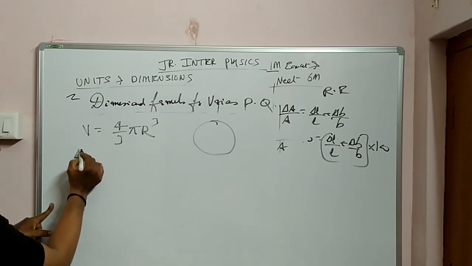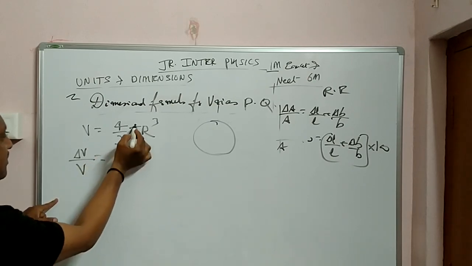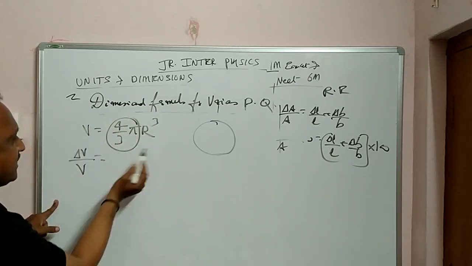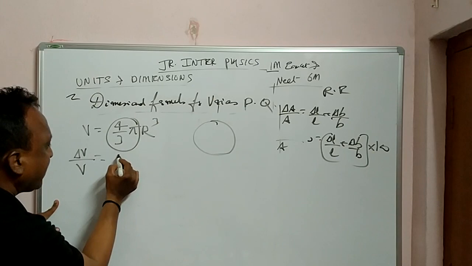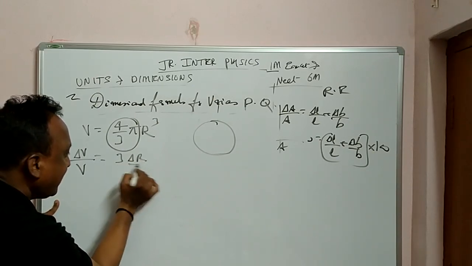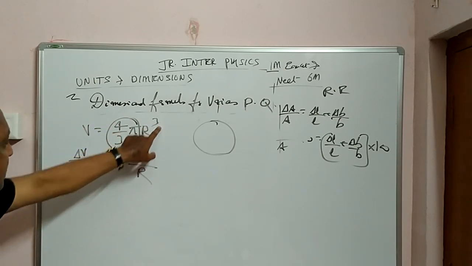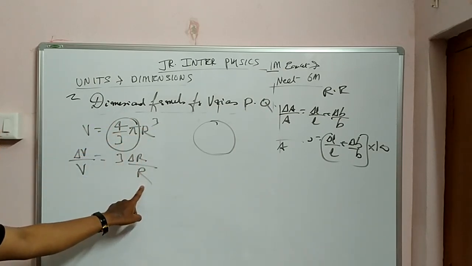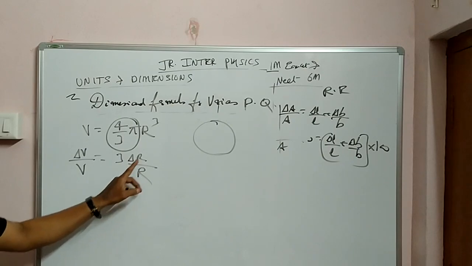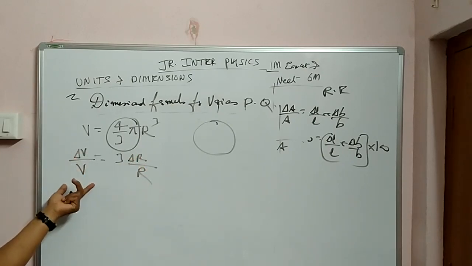Here you can write delta V by V. All these are constants, 4 by 3 pi, so take them outside. R cube I can write as 3 into delta r by r, another simple trick. So delta V by V is equal to 3 delta R by R.